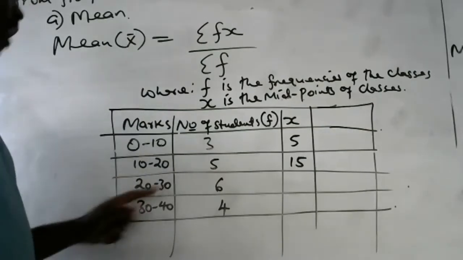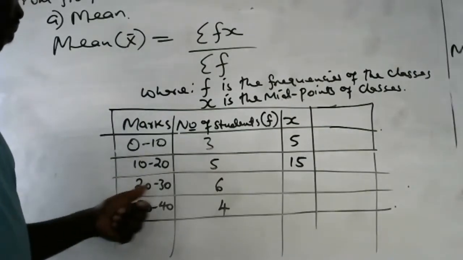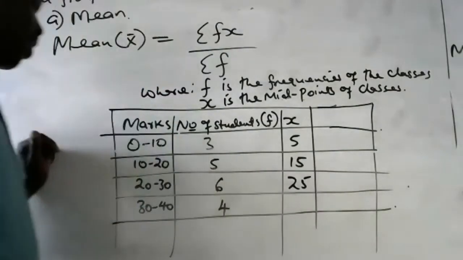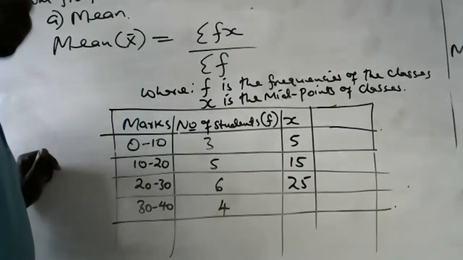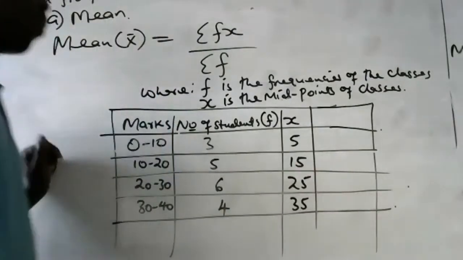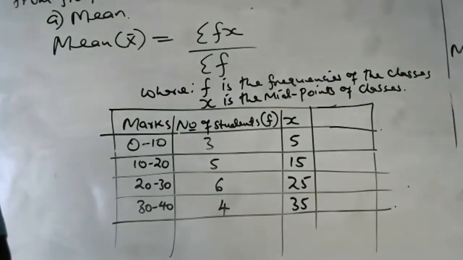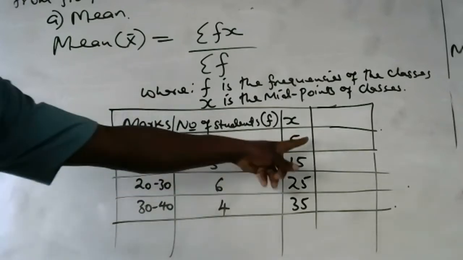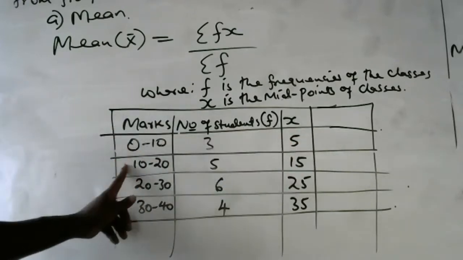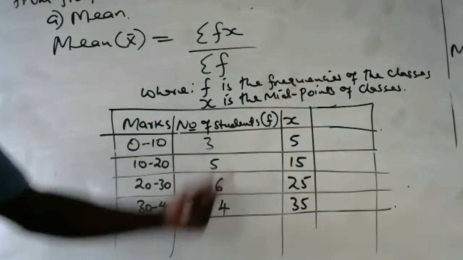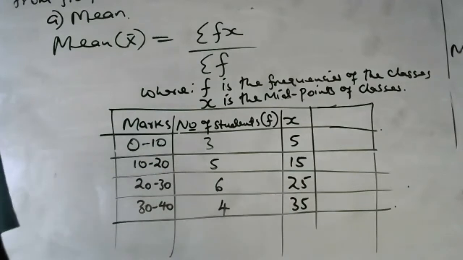For the 20 to 30 class, the middle point is 20 plus 30, which is 50, divided by 2 is 25. For 30 to 40, we are going to have 30 plus 40, which is 70, divided by 2, 35. Those are actually the x values. And that is how you get your x: the lower limit plus the upper limit divided by 2 gives you the x for this class, and the same for the next class, like that, up to the end.